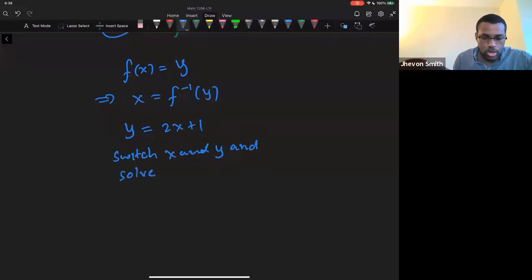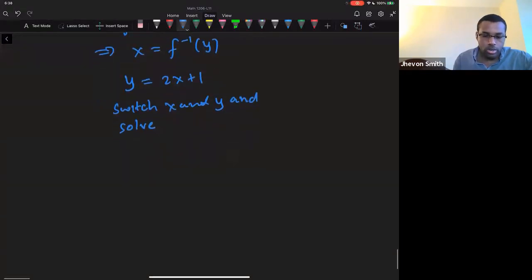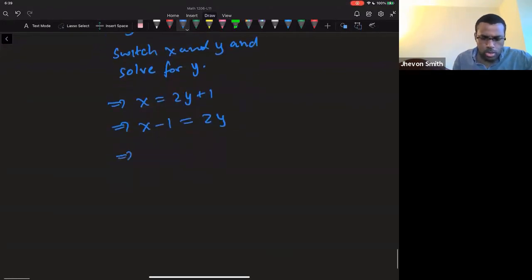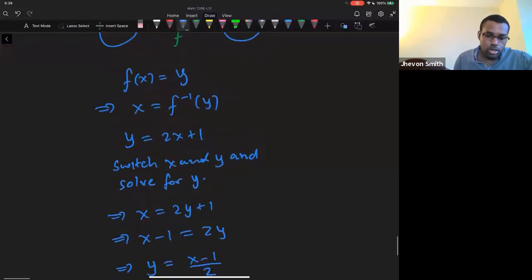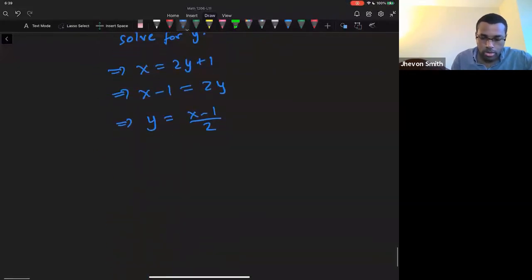So that's like you switch the input and output, and then you just turn the function around. So in this case, you would have x is equal to 2y plus 1. This means that you get x minus 1 equals 2y, which means that your y would be x minus 1 over 2. And this would be f inverse.